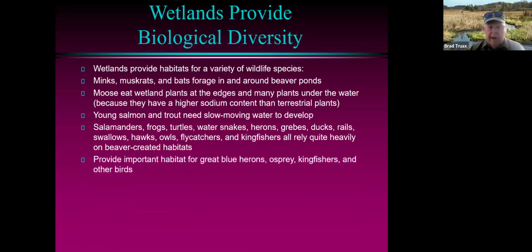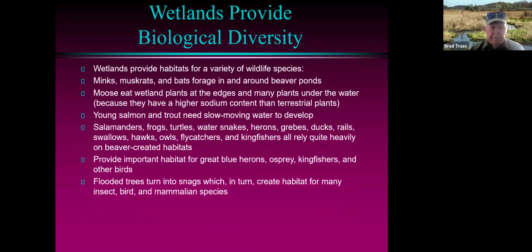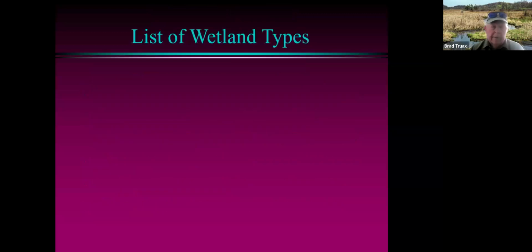And they also provide important habitat for great blue herons, osprey, and many other birds. And flooded trees turn into snags, which in turn create habitat for many insects, birds, and mammalian species. And many threatened and endangered plant and animal species also rely on the wetlands.